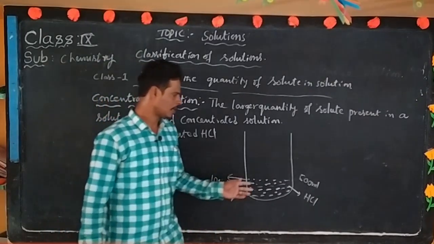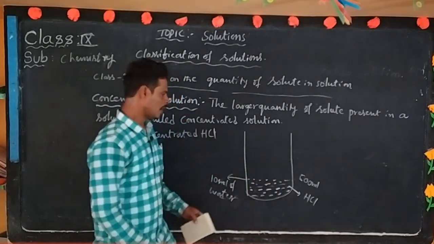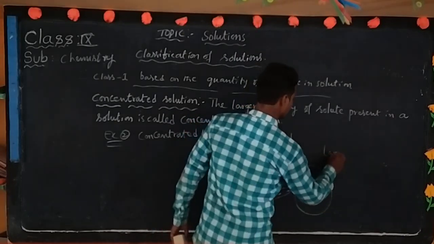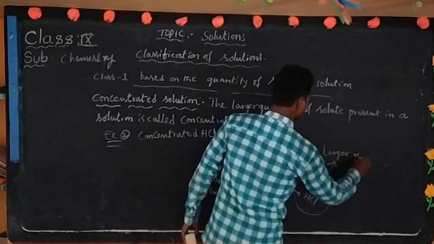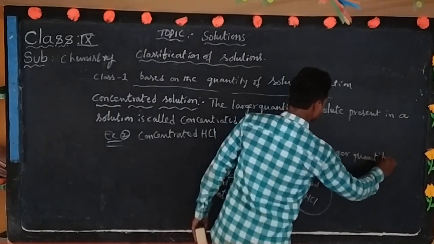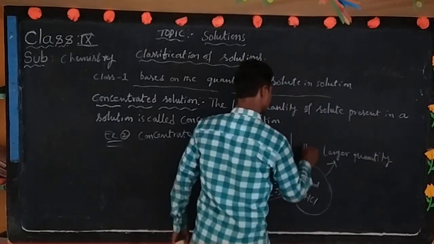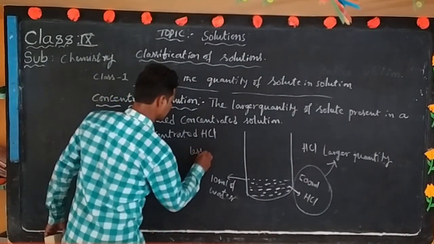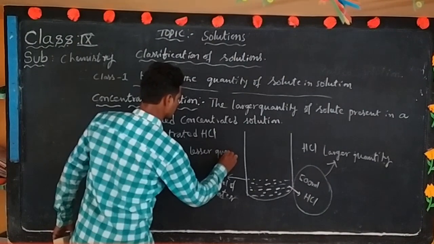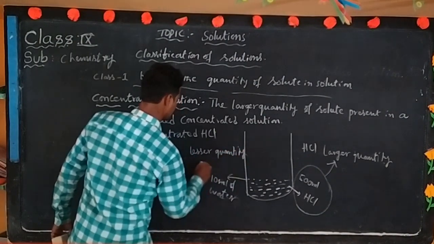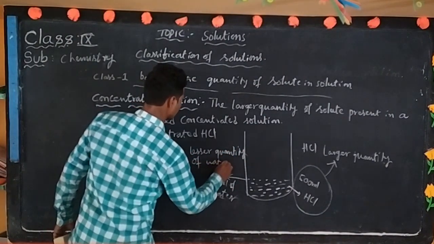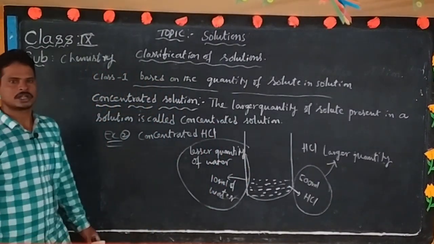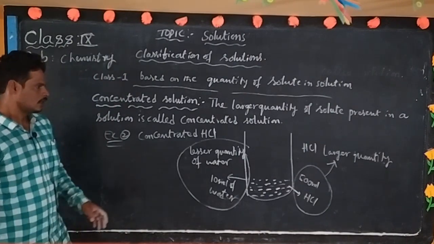Here water is there, hydrochloric acid is there. So 500 ml of HCl is the larger quantity. Water is the lesser quantity in the solution.